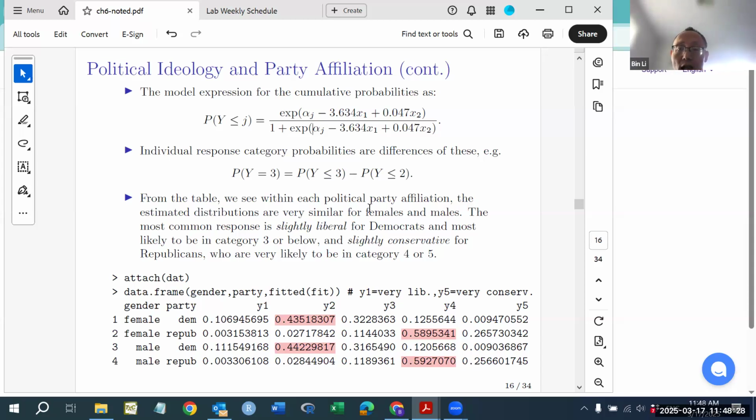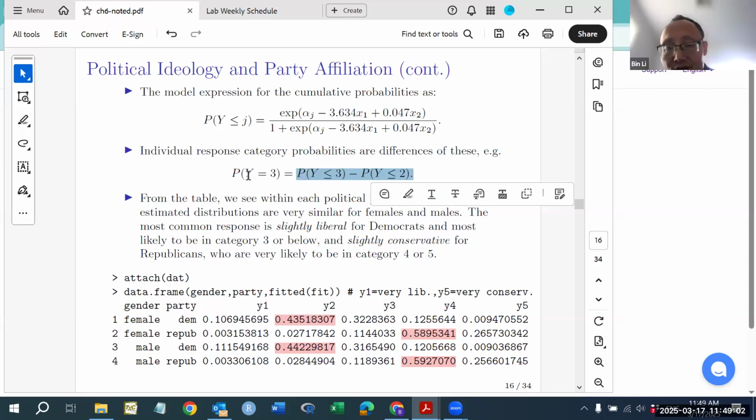So let's say, how do we calculate the probability of having moderate political ideology? Moderate corresponds to y equals 3. Is that right? The probability of y equals 3 can be calculated by the probability of y less than or equal to 3, minus the probability of y no greater than 2.